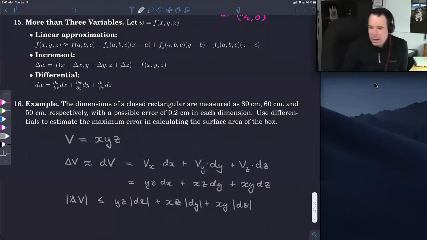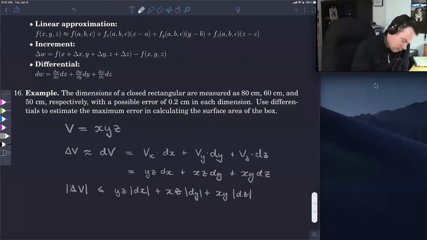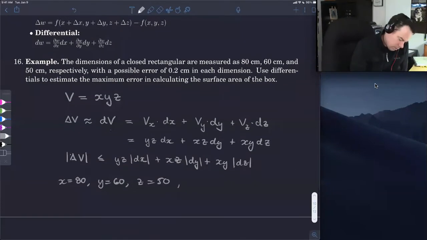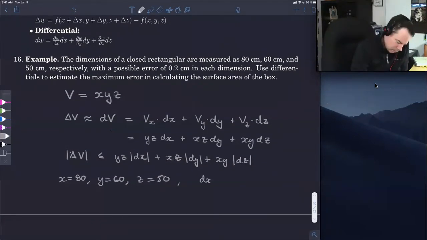So with an error, these dx, dy, dz's, an error of 0.2 centimeters means it could be either way. So what we have is that when x is equal to 80, y equal to 60, and z is equal to 50, we had errors where dx, dy, and dz are plus or minus 0.2.